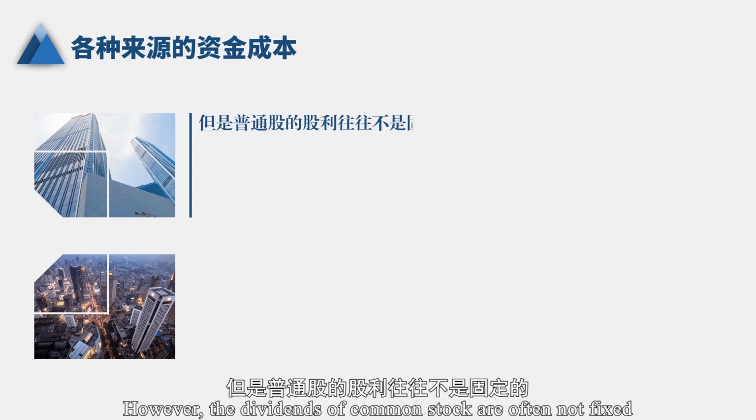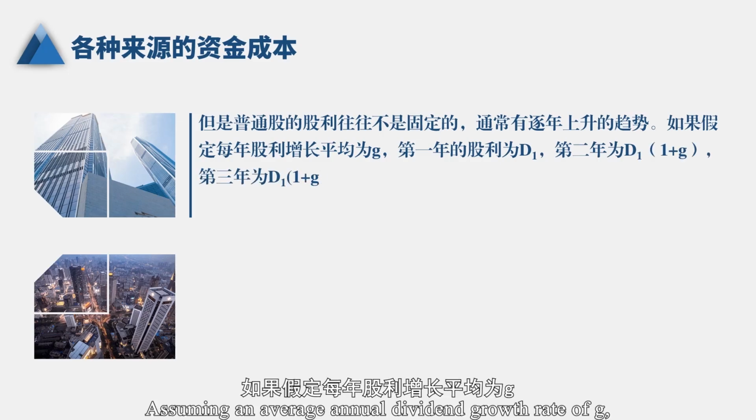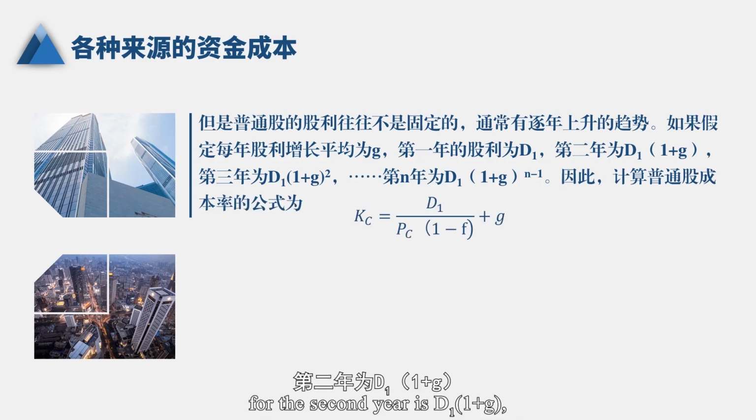However, the dividends of common stock are often not fixed and tend to increase year by year, assuming an average annual dividend growth rate of G. The dividend for the first year is D_1. For the second year is D_1 multiplied by (1 plus G).